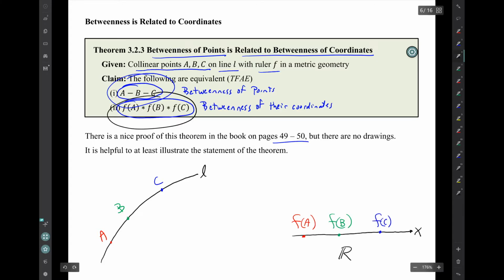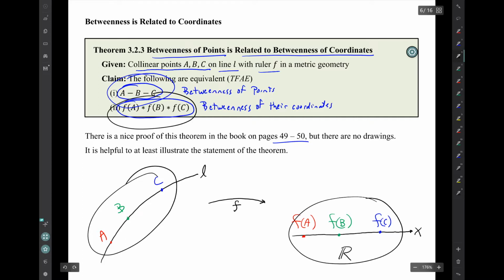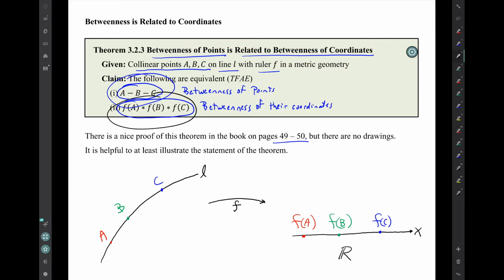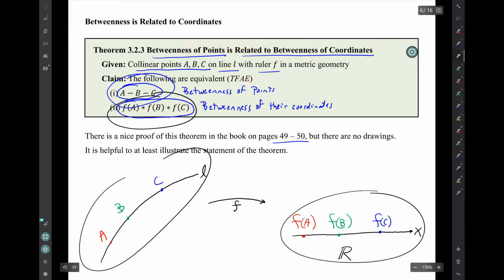Notice that you get from one drawing to the other by using the function f, that is, using the ruler. The ruler f takes as input a point on this line and spits out as output a number in the real numbers. What this theorem is saying is that these two pictures are equivalent in a sense.